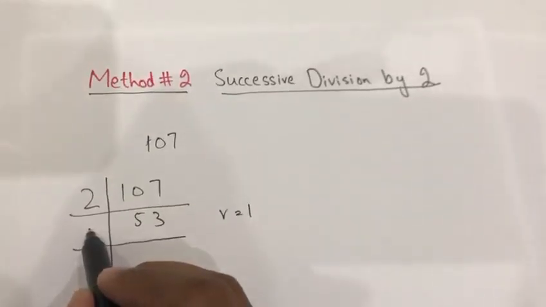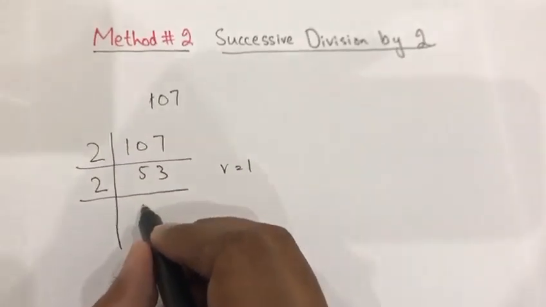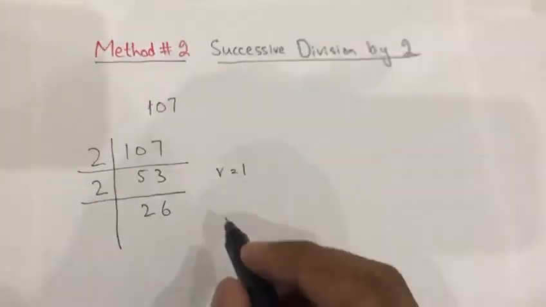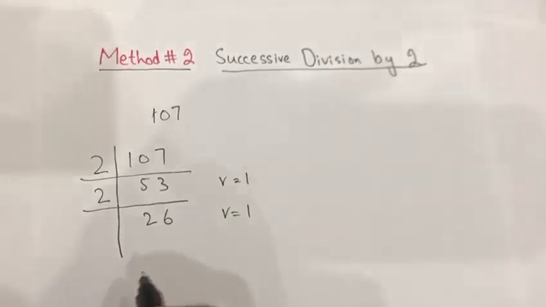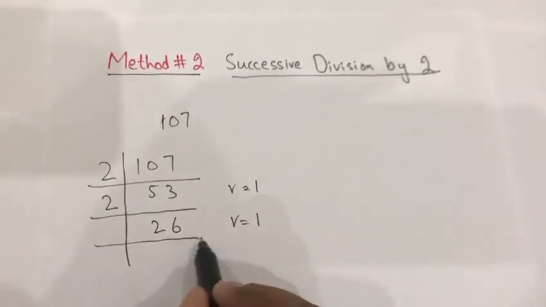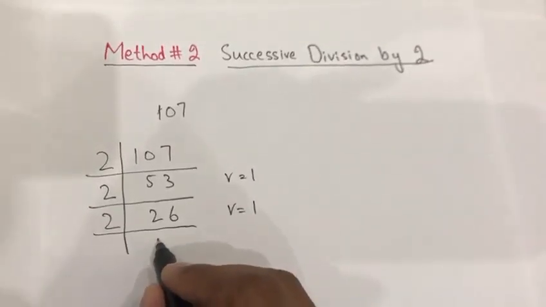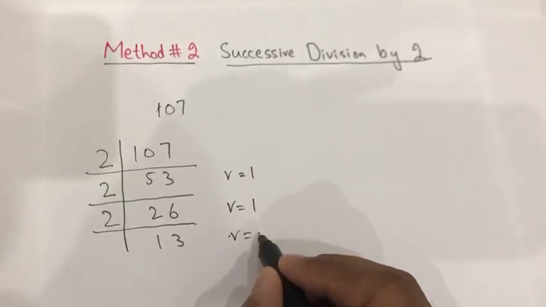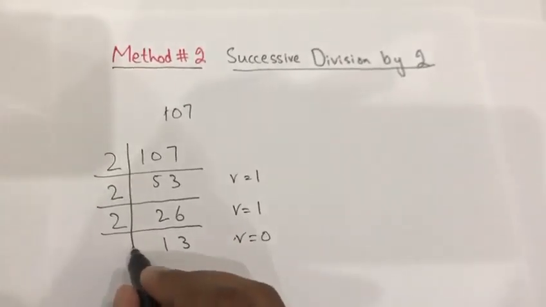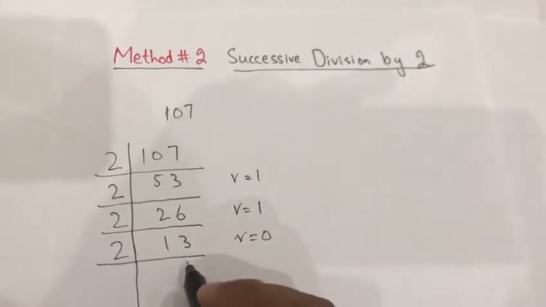Again divided by 2, it will be 26. So again the remainder will be 1. Divided by 2, it would be 13. Remainder will be 0. Divided by 2, it will be 6.